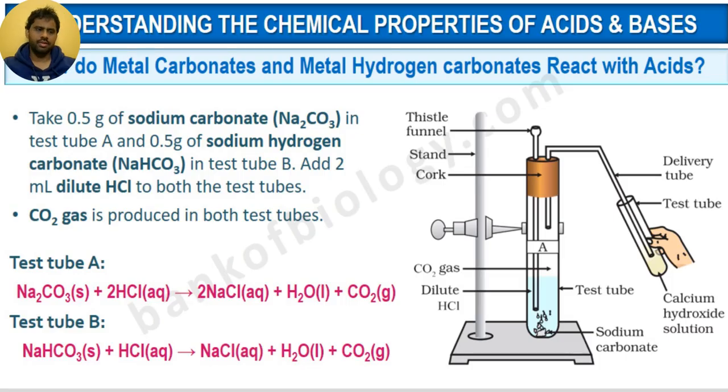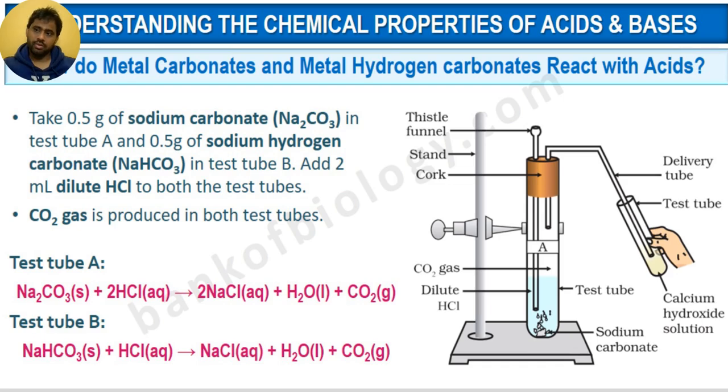In the previous part we first learned what an acid is and what a base is, and we tried to understand the different types of natural and synthetic indicators that are used to determine whether a substance is an acid or a base.